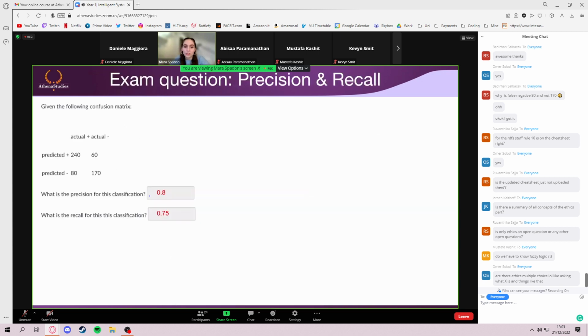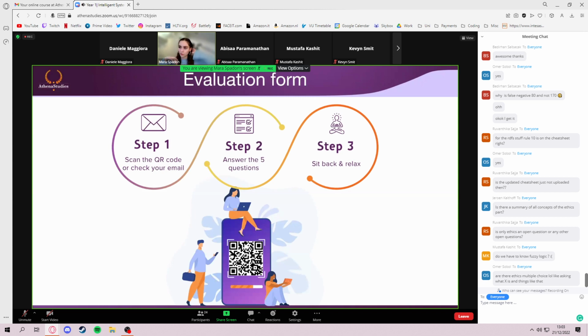It's kind of an open question, but you don't have to write anything, you just have to fill in the value. So I wouldn't really call that an open question. I feel like ethics and philosophy of mind were the only open questions. So no fuzzy logic, no sets, but the rest, or just everything from the Athena slides, of course. That's what you have to know.